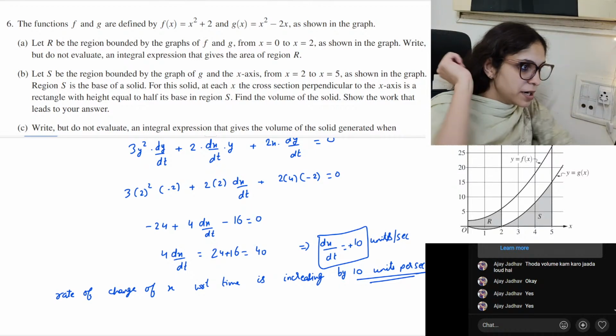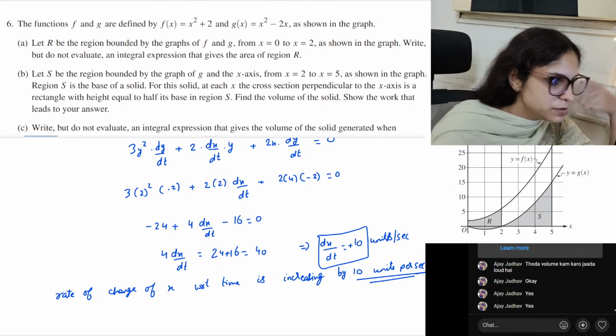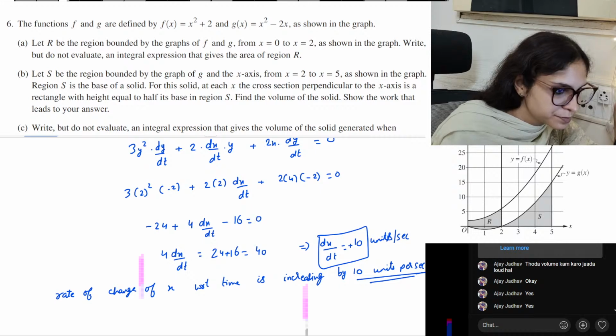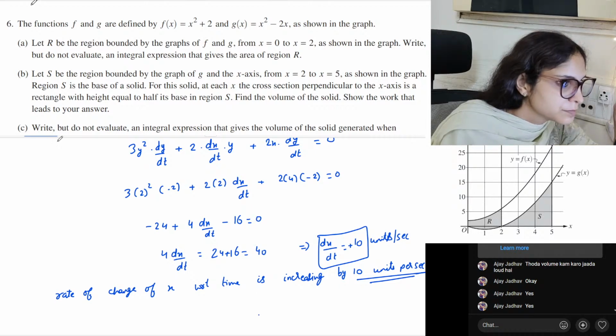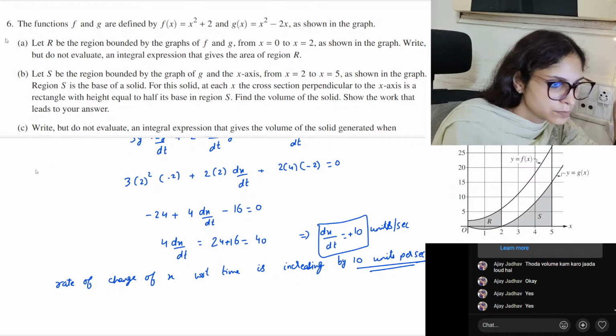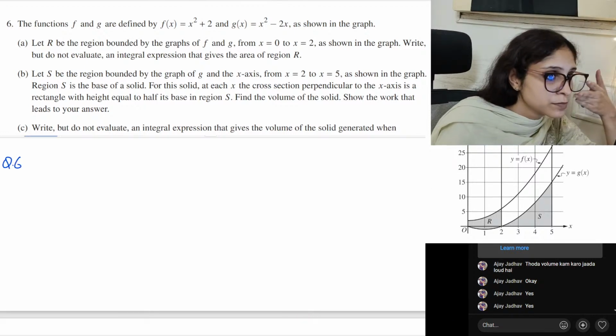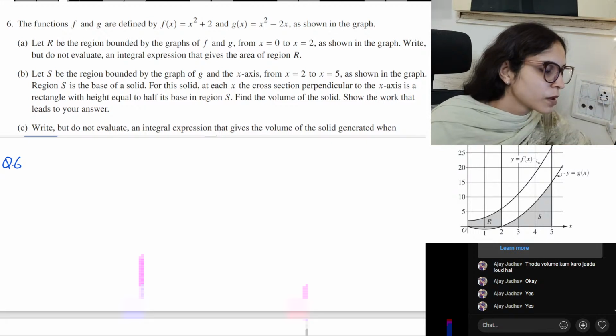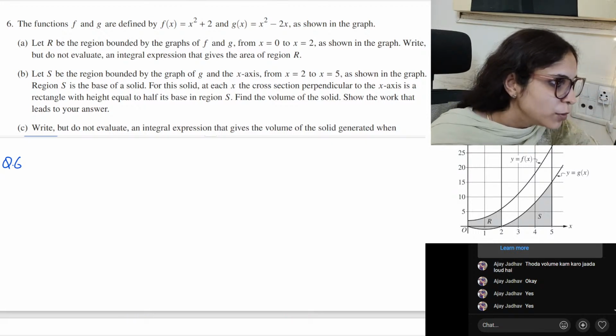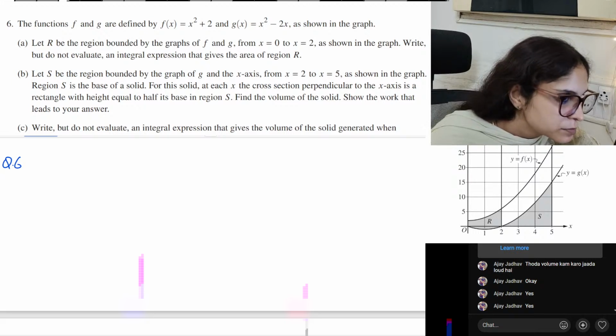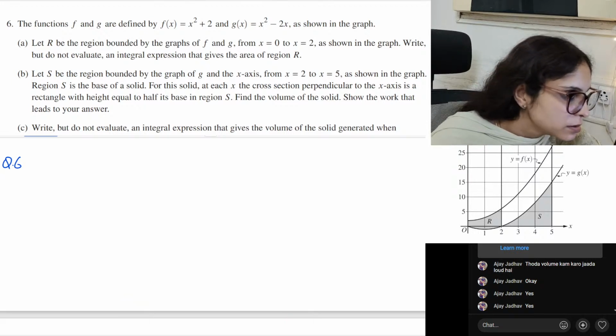Okay, so the first part is let R be the region bounded by the graphs of f and g from x is equal to 0 to x is equal to 2. 0 to 2, okay, that is R, correct.